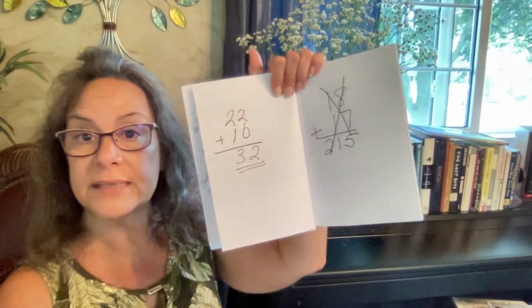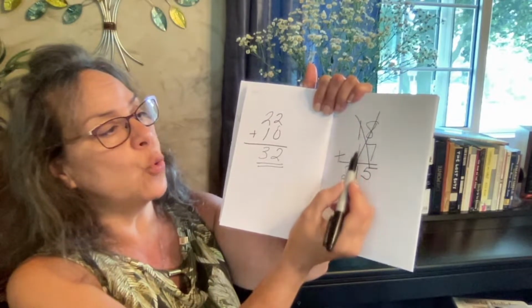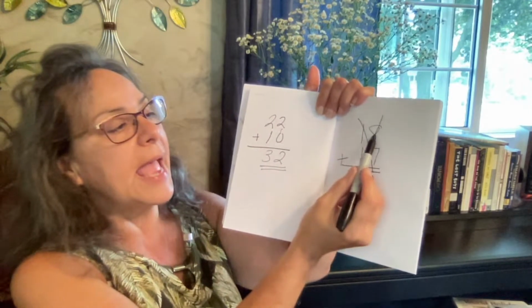Of course not. Because why? Because we learned about place values. And what this really means is this is 10s plus 10s equals 20, right? 8 plus 7 equals 15. We said that, right?